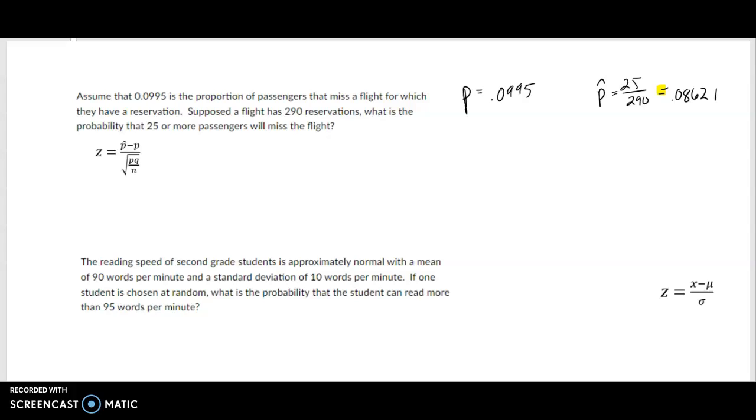0.08621. And now I can write my probability. What's the probability that I saw this result, given that this is the real proportion?